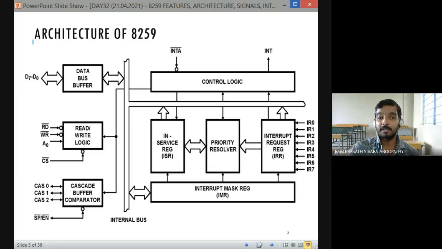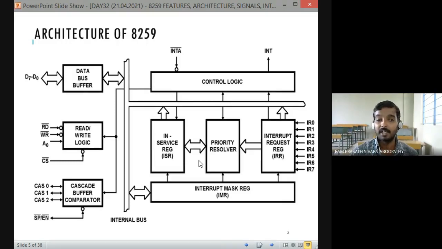So what does INTA bar mean? Kindly respond. Yes, acknowledgement signal from 8085. Okay. So at that point of time, 8259 will give the corresponding address for the interrupt it requested.